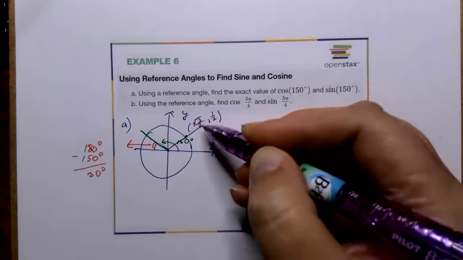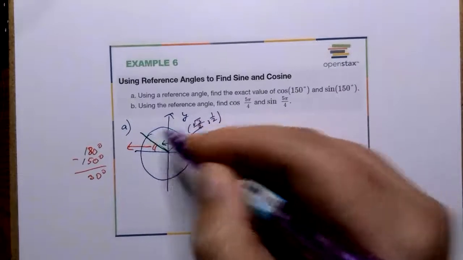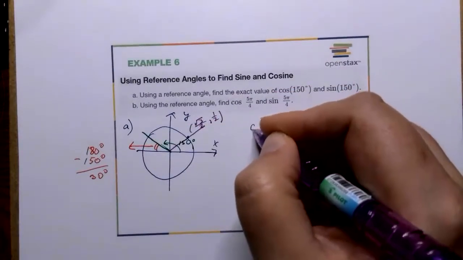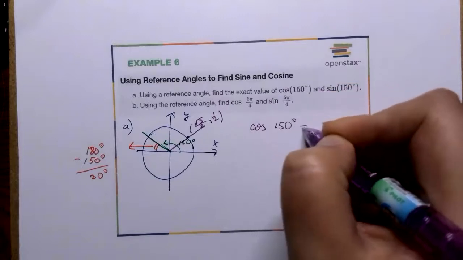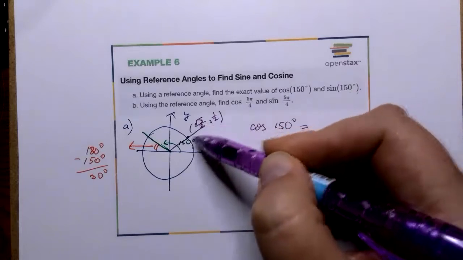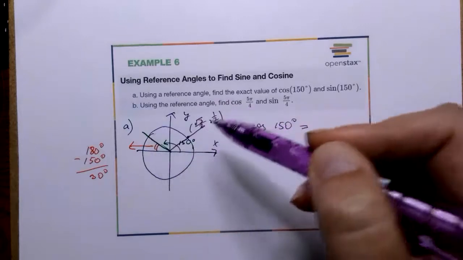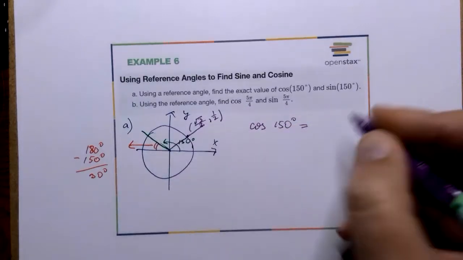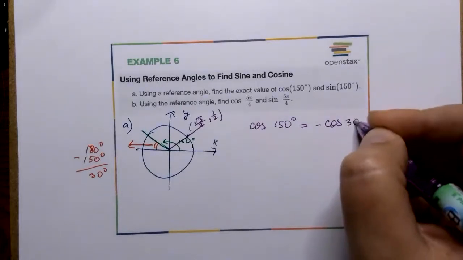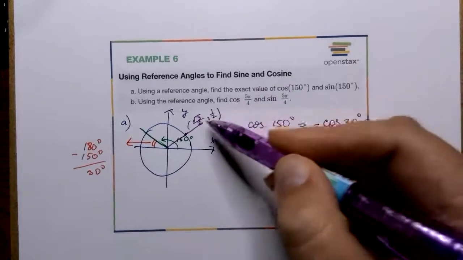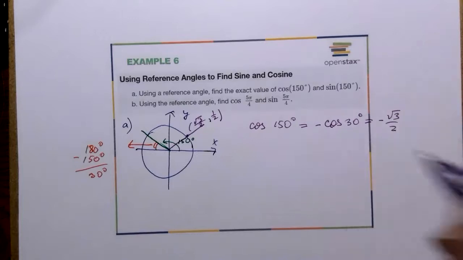Okay, so what that means is, we need to find the cosine of 150 degrees. Cosine is the x coordinate, and we know that in the second quadrant the x coordinate is negative, so it's going to be the opposite of cosine of 30 degrees, which is square root of 3 over 2, so it's going to be negative root of 3 over 2.